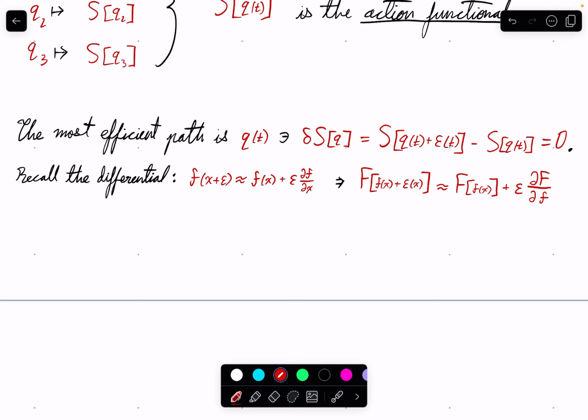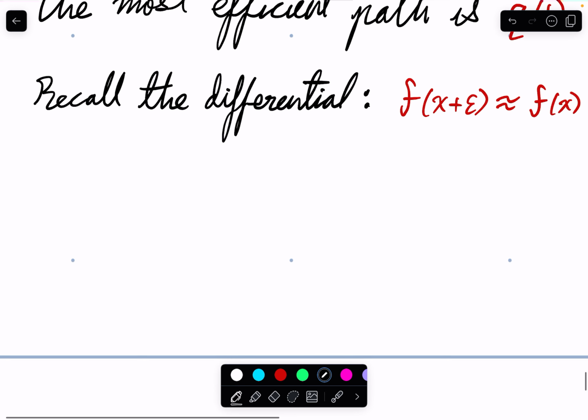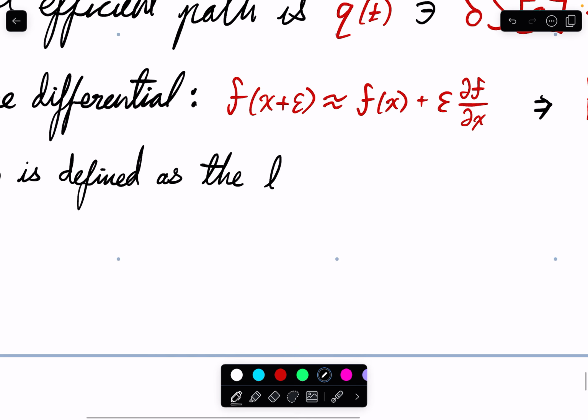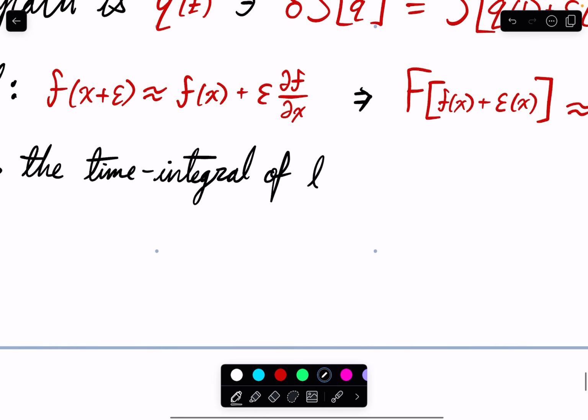So the action is defined as the time integral of the Lagrangian.